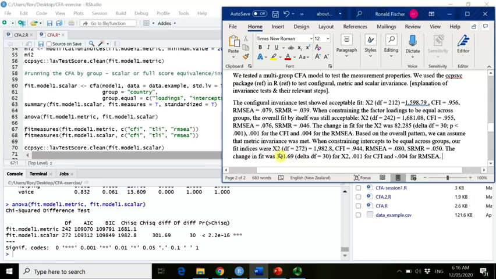The change in fit for the chi-square is actually quite large. We need, of course, also the p-value here. Oh, look, this is a pretty small p-value here for chi-square, and it's above the threshold for the CFI, and we have a slightly better fit for the RMSEA.